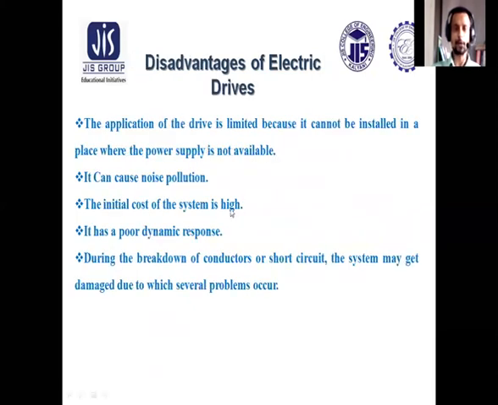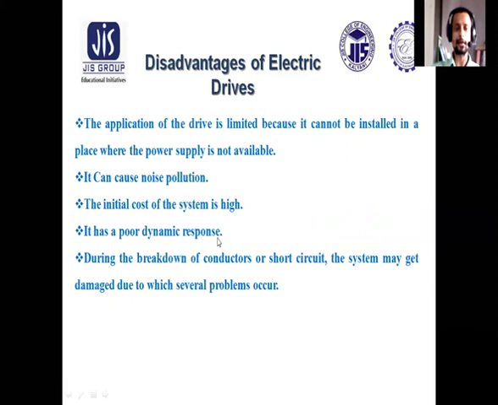There are some drawbacks of electric drives as well. The application of the drive is limited because it cannot be installed anywhere. Suppose you are in a remote area where power supply is not available. There you cannot install an electric drive until you make some power supply arrangement. It can cause noise pollution. The initial cost of the system is very high.